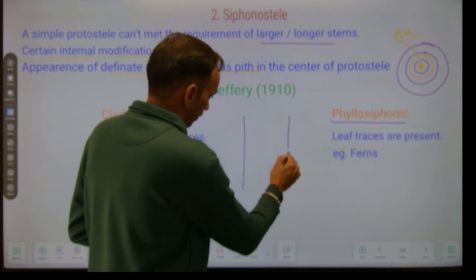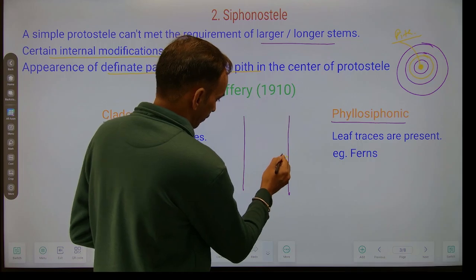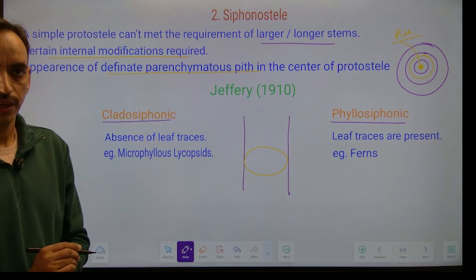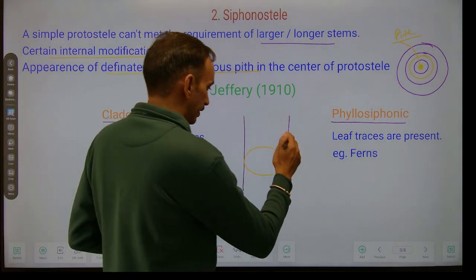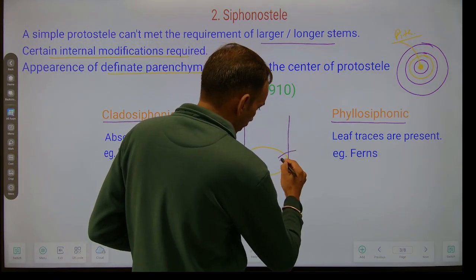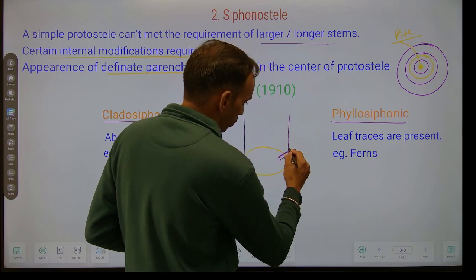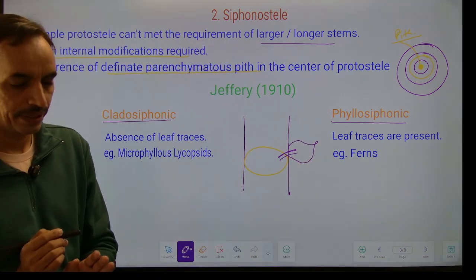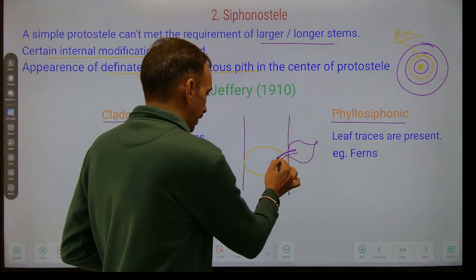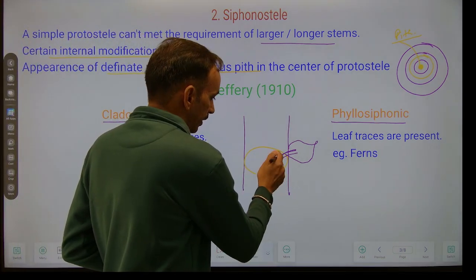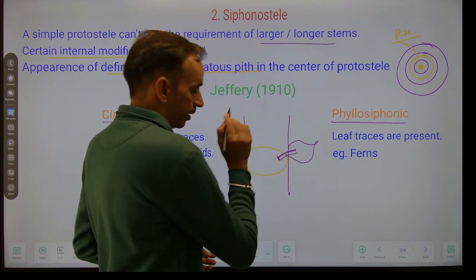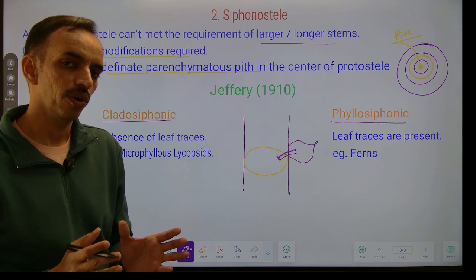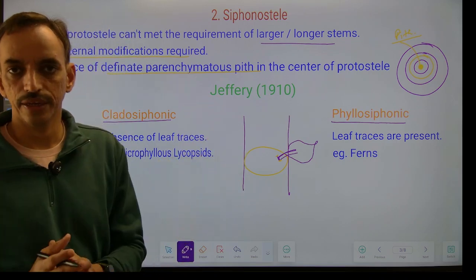In case of the stems, we are having the stelar system. If there is a supply of vascular tissues towards the leaf from the stem, then it creates some gaps in the vascular tissues or vascular bundles or stele of the stem.